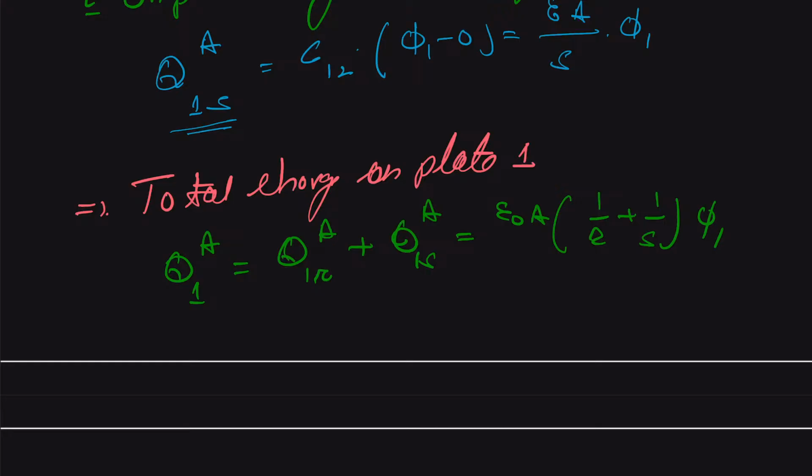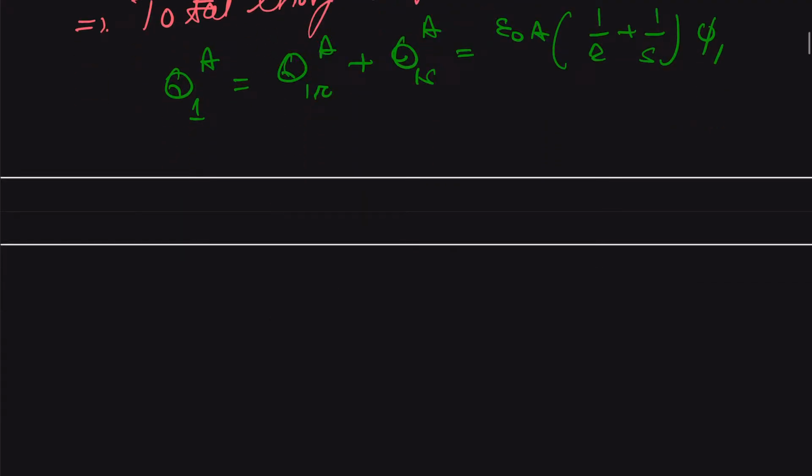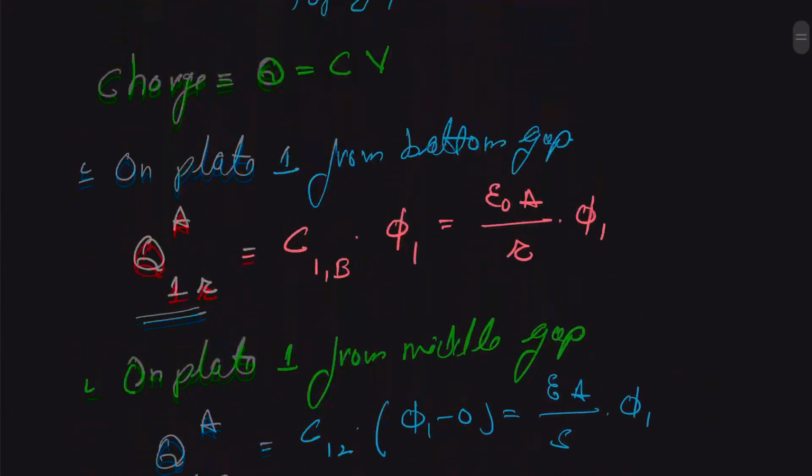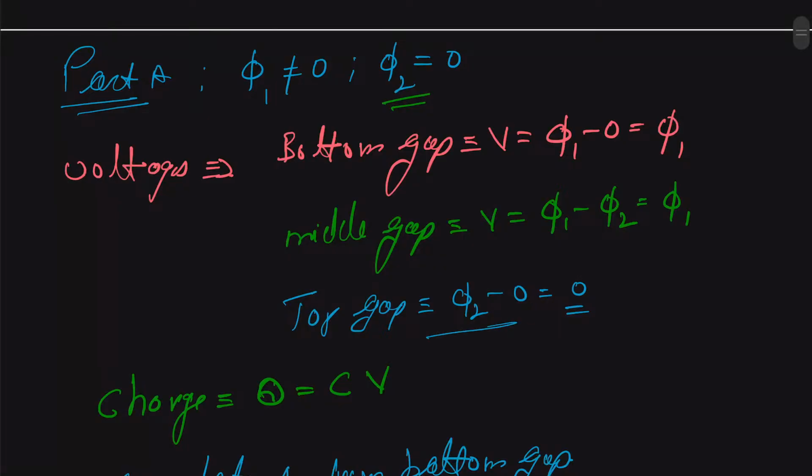Now we come to the same experiment. Now we shift to our plate 2. Now we know that plate 2 is at 0 and is only connected by the middle gap. So we know that our plate 2 is at 0, because from here we can clearly see that our phi 2 is equal to 0.